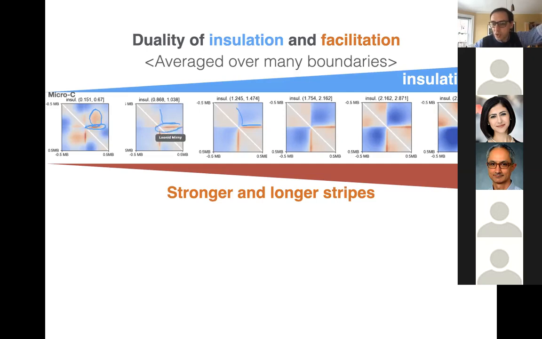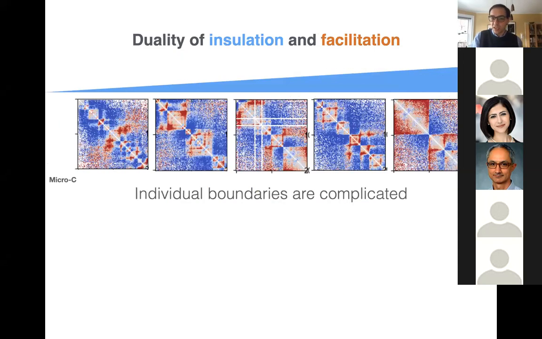The stripes are getting longer and stronger as the cluster becomes more and more insulating. And these stripes would presumably extend beyond this 0.5 megabase window that we're focusing on. So essentially, every boundary is both insulating and facilitating on average. On average, meaning that we see this in simulations and we see this in the data if we aggregate over many boundaries. But the moment we start looking at them individually, obviously things are much more complicated.